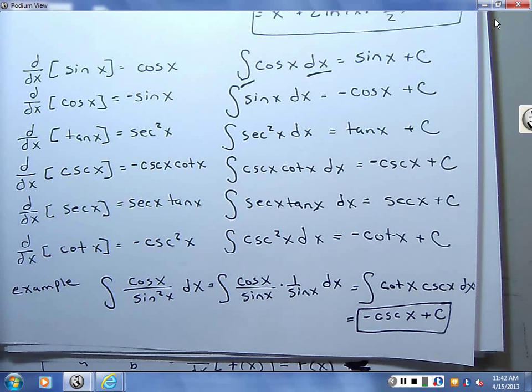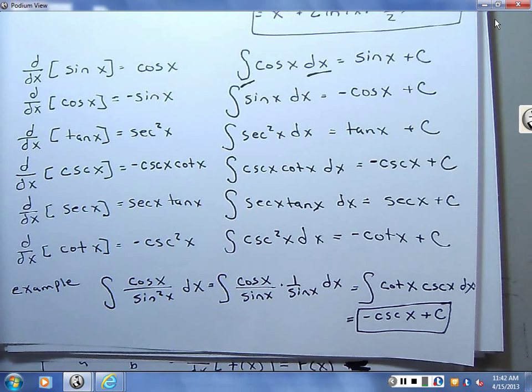So if I differentiate this, what is the derivative of minus cosecant of x? It would be positive cotangent cosecant, which is exactly this. So if you integrate a function, you get a new function. If you differentiate that, you get the original function.